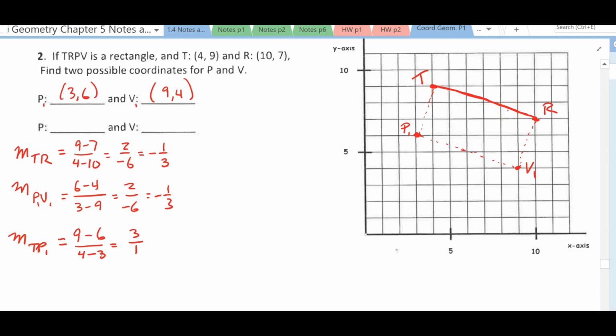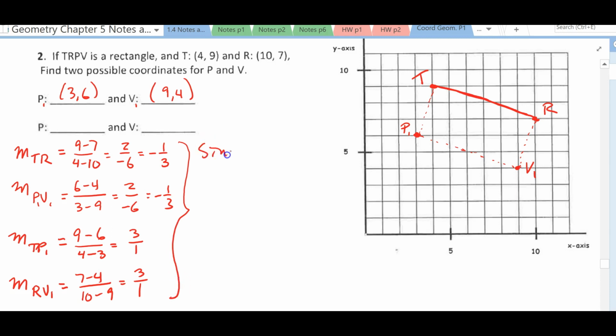Then we also need to check the slope of RV. That's 7 minus 4 over 10 minus 9, which is 3 over 1 again. This is good. We've got that the adjacent sides all have opposite reciprocal slopes and all the opposite sides are parallel.